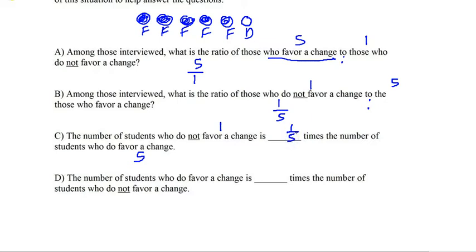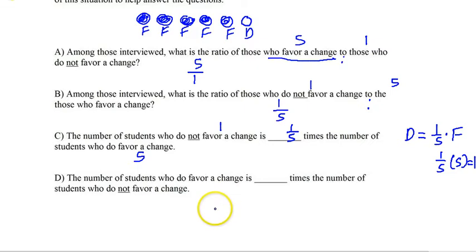If you don't believe me, let's figure this out. The number of students who do not favor a change is 1/5 times those who do favor a change. Well, how many people favor a change? 5. So if we plug it in, it gives us 1 who does not. The ratio itself is the number of times one is in terms of the other.